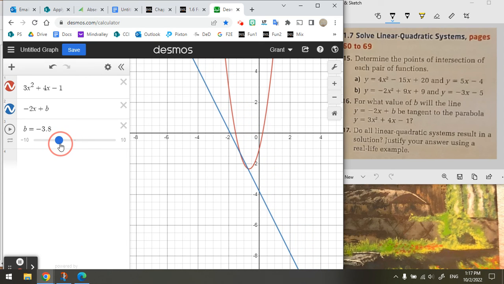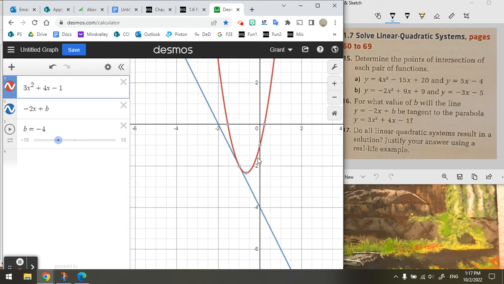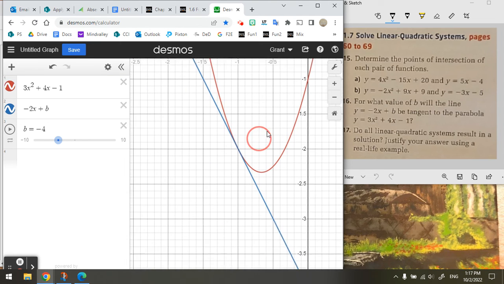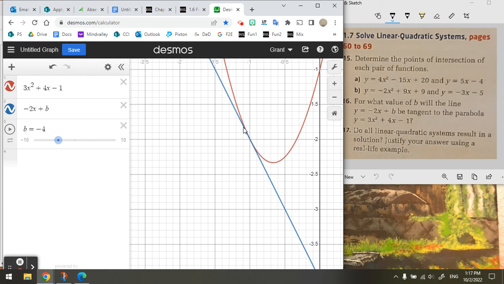Oh, look at that. When b is negative 4, there's one and only one point of intersection. I can zoom in. Look at that, everybody. That's the magic of the discriminant. Isn't that cool that we can use our knowledge of the quadratic formula and the discriminant to solve situations like this? It's great. I love it.